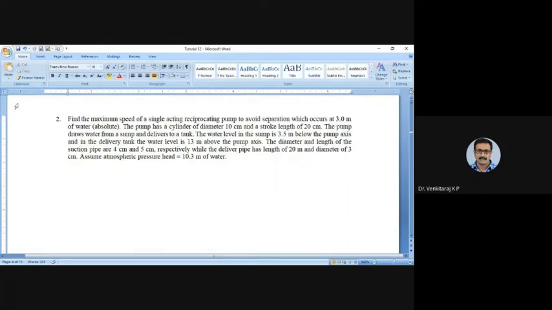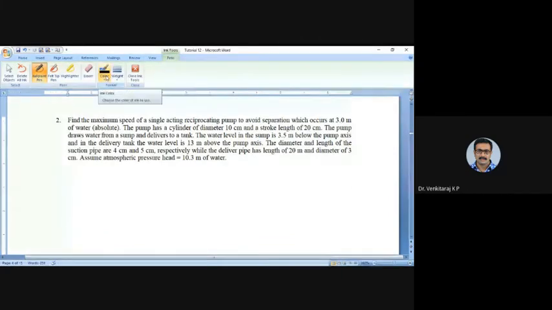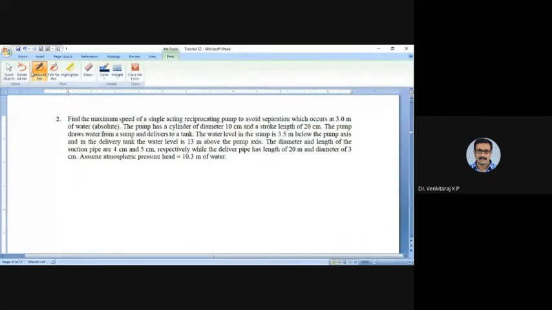So given, the separation pressure, that is H separation, let us say it is 3 meter and that is absolute value, 3 meters of water absolute.